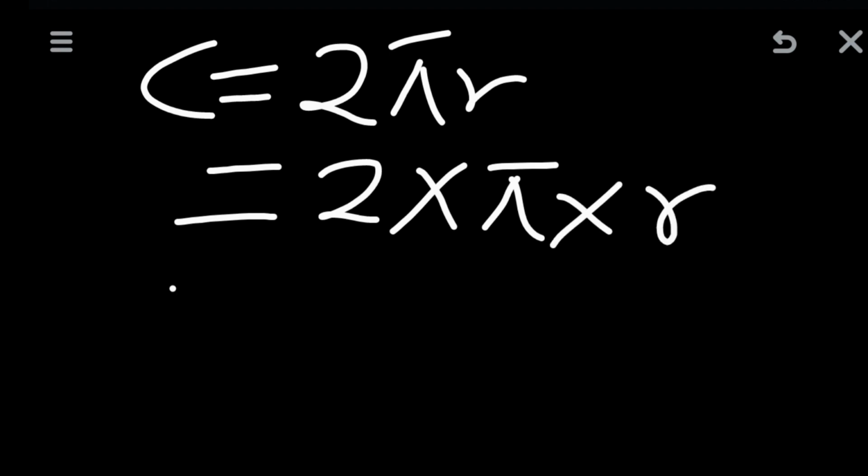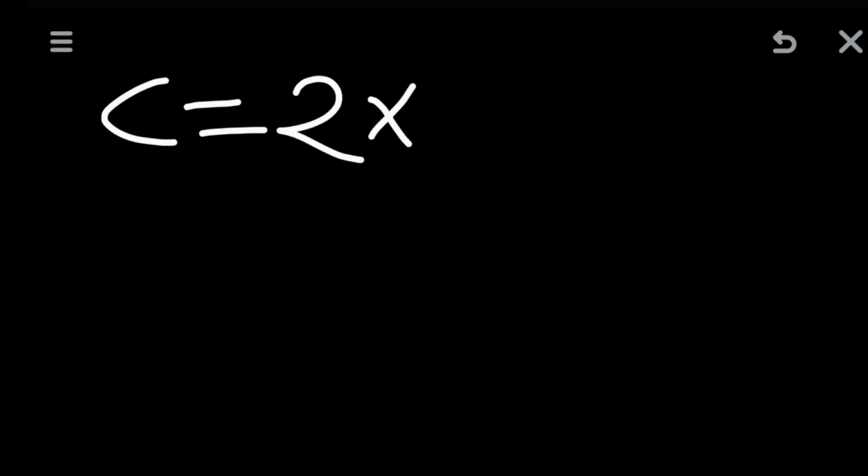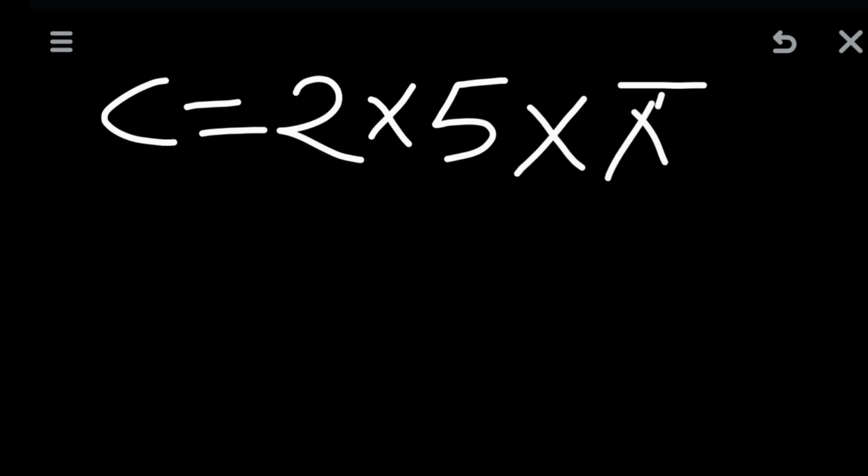But our radius is equal to 5 units. So our final answer will then be 2 multiplied by 5 units, then multiplied by pi. But our pi is equal to 3.14.